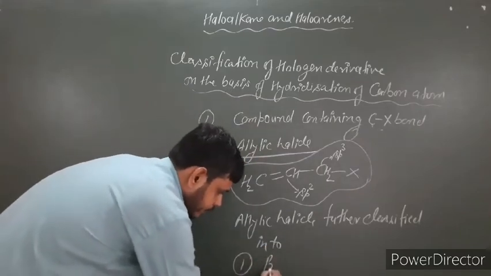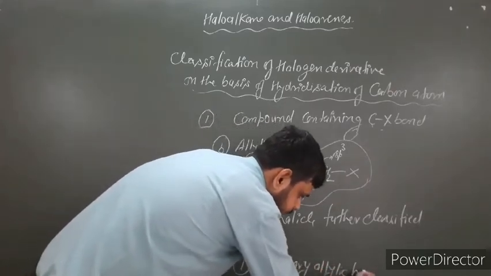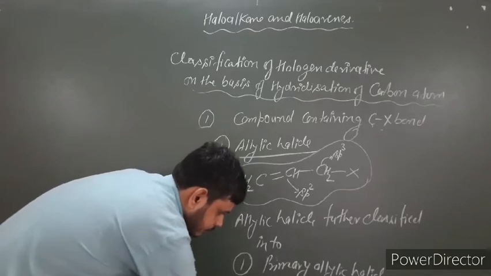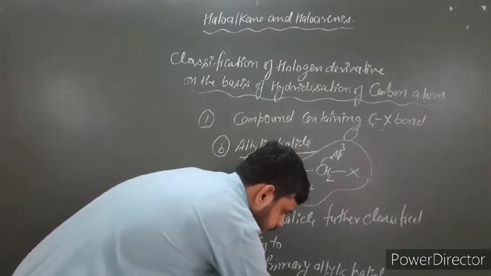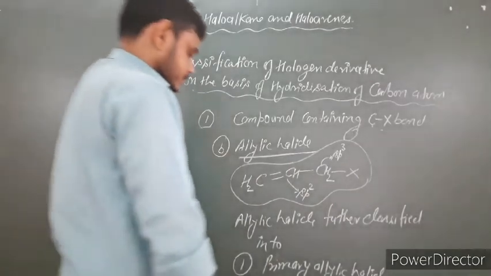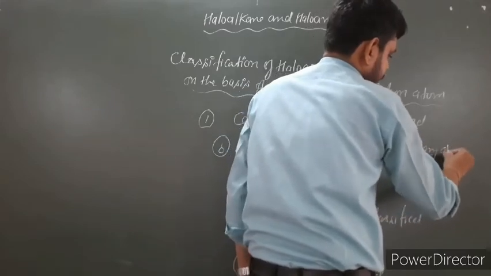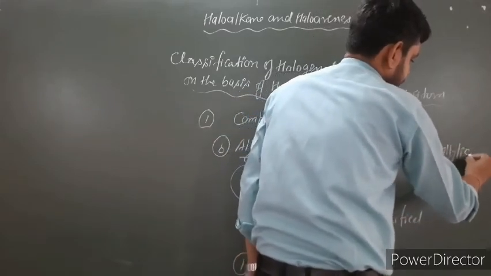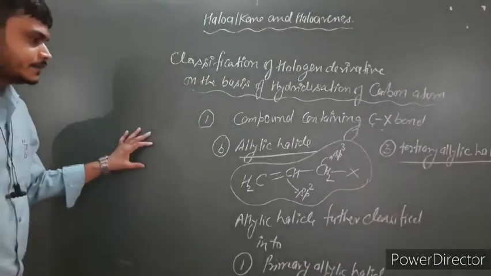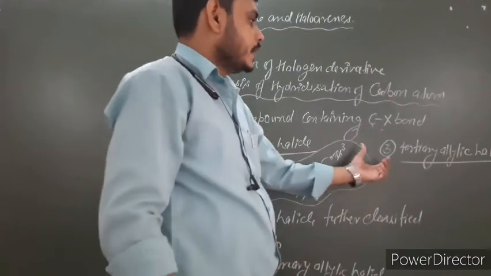Allylic halide is further classified into primary allylic halide, secondary allylic halide, and tertiary allylic halide.